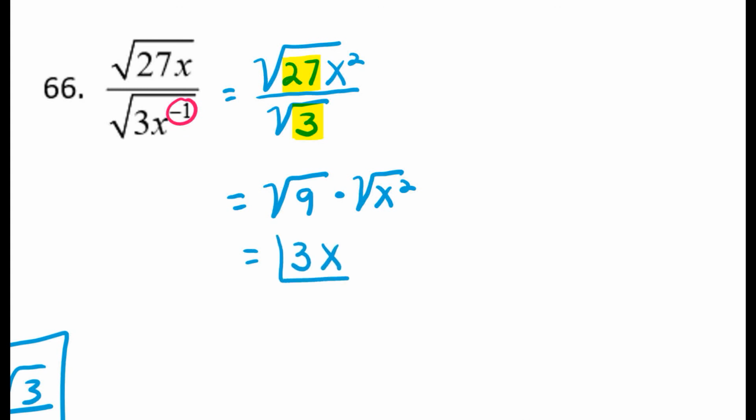We don't need the absolute value around the x because it originated under the radical with an odd exponent. So we only need to do that when we start out with an even exponent. That's when we are not sure of the sign and therefore need to use the absolute value.